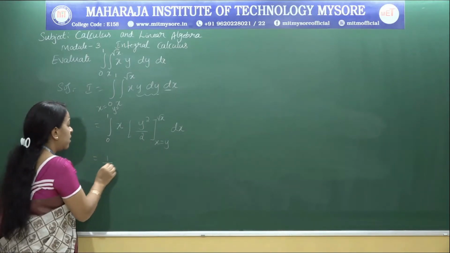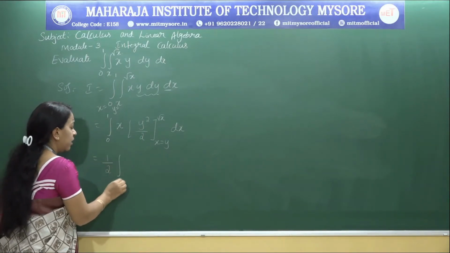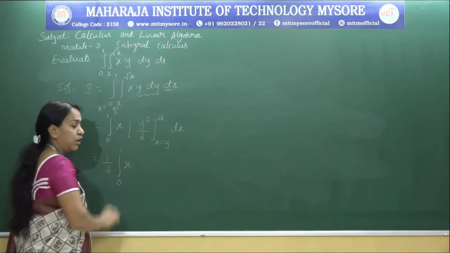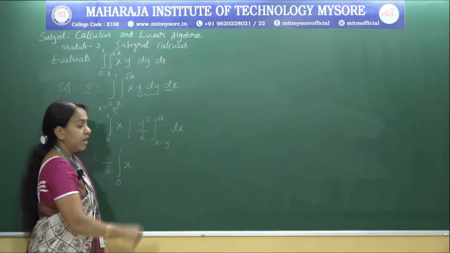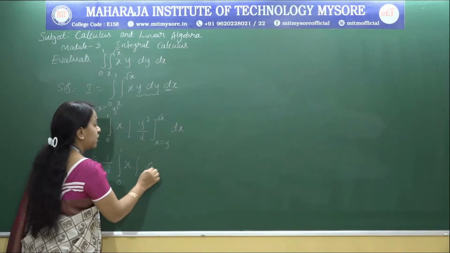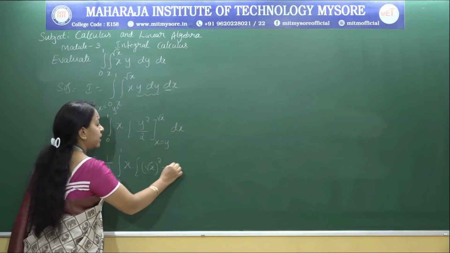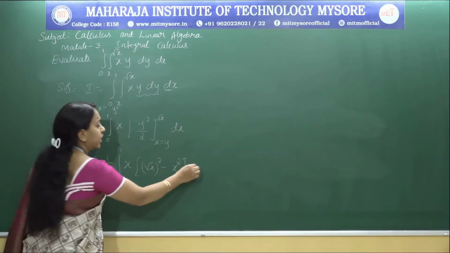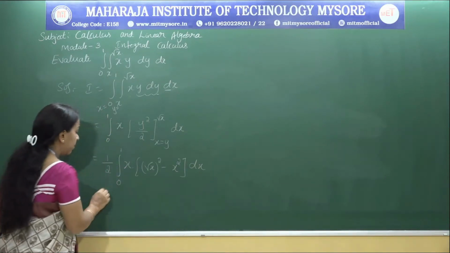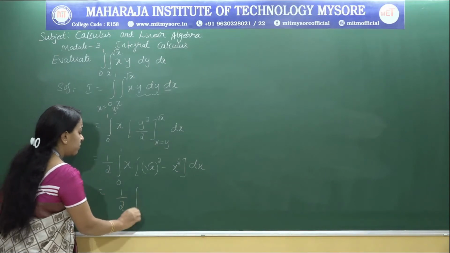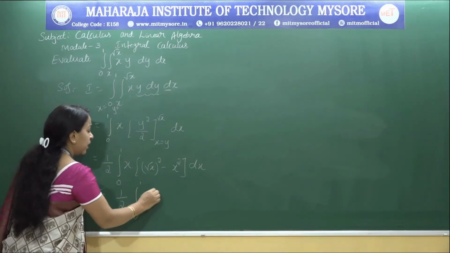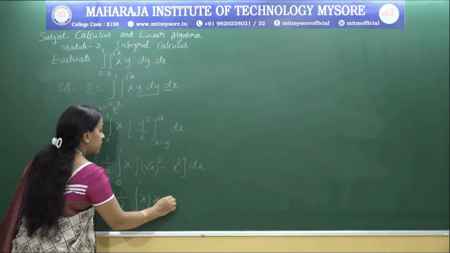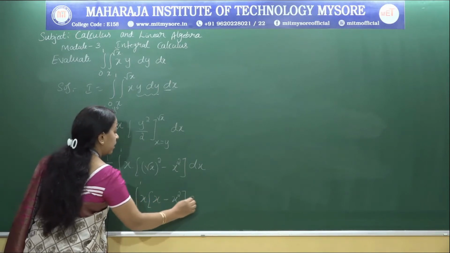Now apply the limit, taking 1 by 2 common, integral 0 to 1 x into, we know how to apply the limit. So upper limit, that is root x whole square, minus lower limit, that is x square, dx. If I simplify, we have 1 by 2 times integral 0 to 1 x into x minus x square dx.